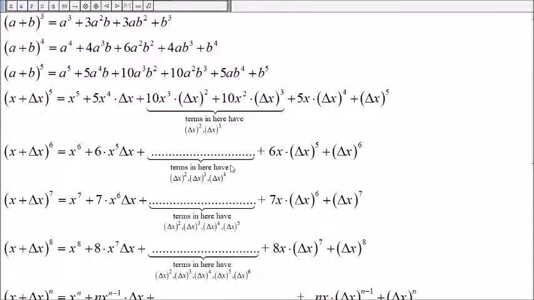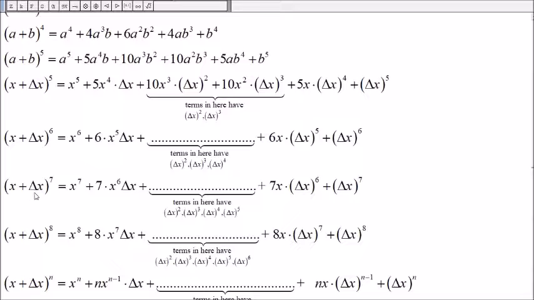Now let's get the pattern for x plus delta x to the 7th. And so we get x to the 7th times 7, and then x to the 7 minus 1, which is 6, and then times delta x. And the last two terms would be 7 times x to the first times delta x to the 6th, and then plus delta x to the 7th.